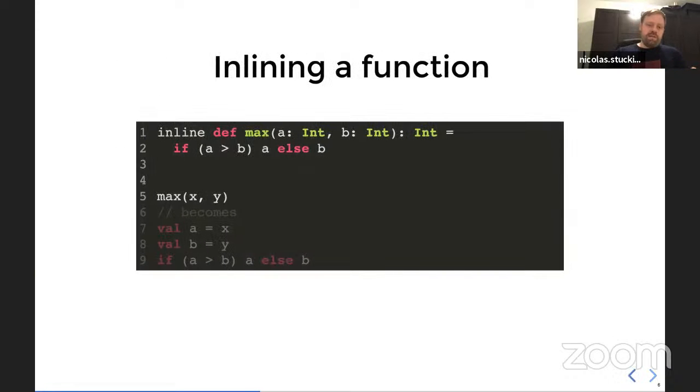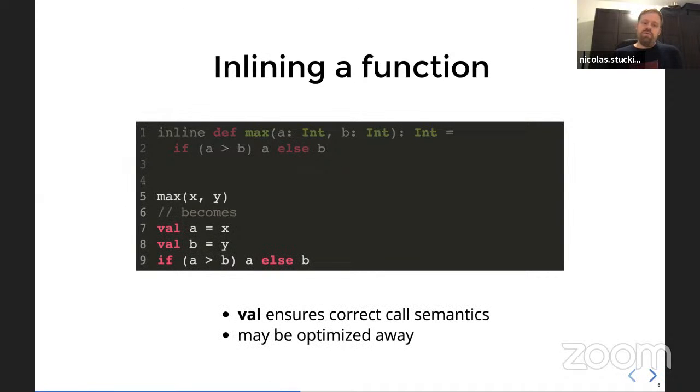So the first thing here is we need to make sure that we evaluate the definition correctly. So if you have this definition of max as before, and we call it with x and y, we're going to generate some vals to make sure that the parameters are evaluated in the correct order and that they are evaluated only once.